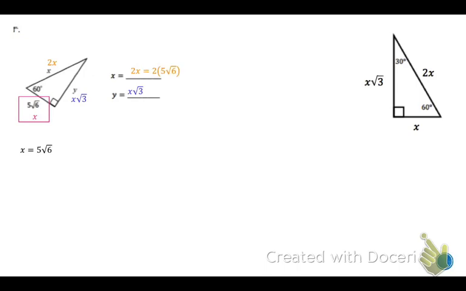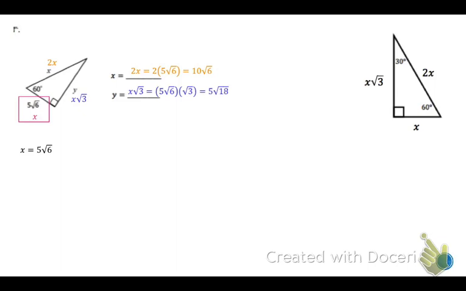So 2 times x equals 2 times 5 square root of 6. 2 times 5 is 10, so that's 10 square root of 6. Okay. Then for y, we have x square root of 3, so I'm going to plug in 5 square root of 6 for x. So that's 5 square root of 6 times the square root of 3. Notice up top we multiplied outsides with outsides. Now I'm going to multiply insides with insides.